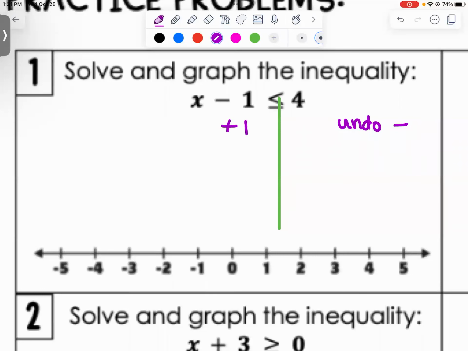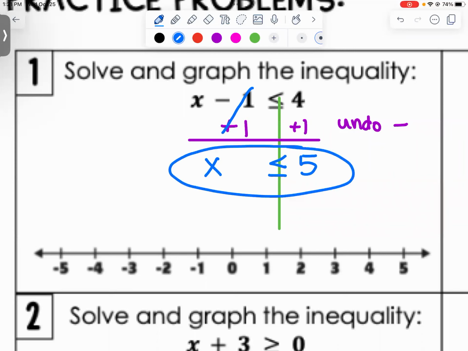We need to undo subtraction with addition, which means we have x is less than or equal to 5. The inequality is a part of your answer. The inequality doesn't change. You need to still write it the same.